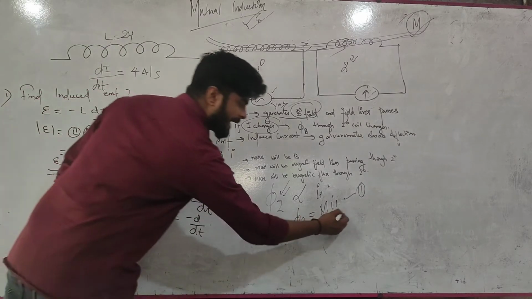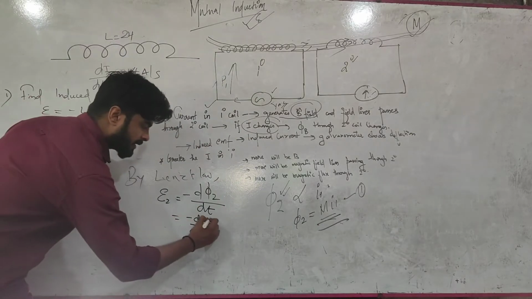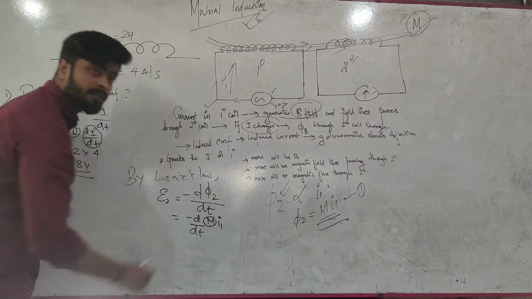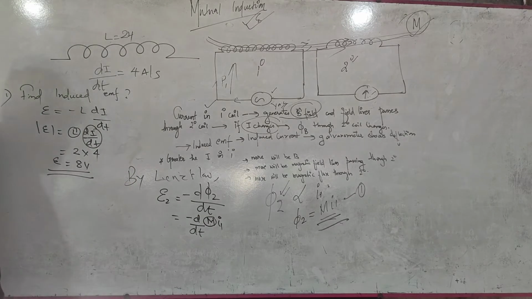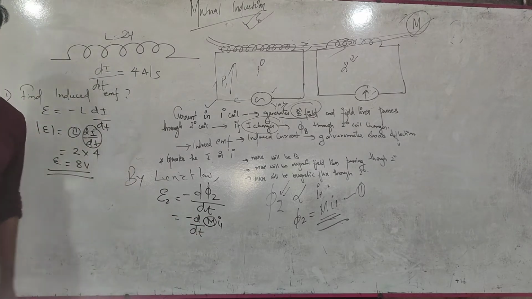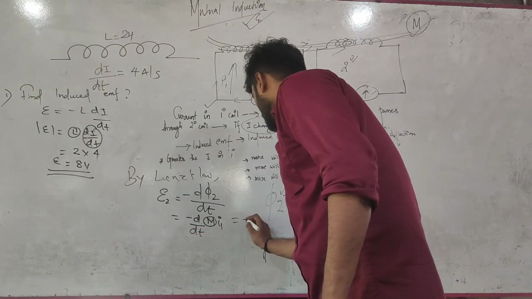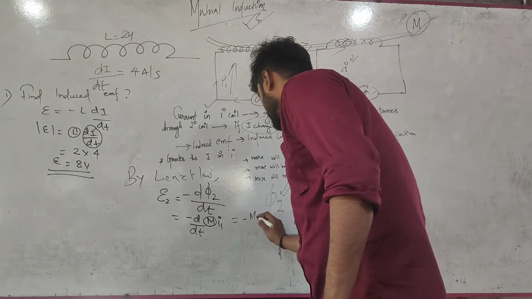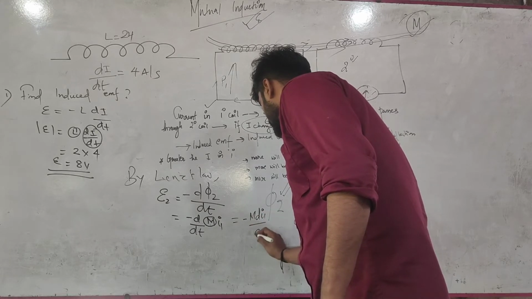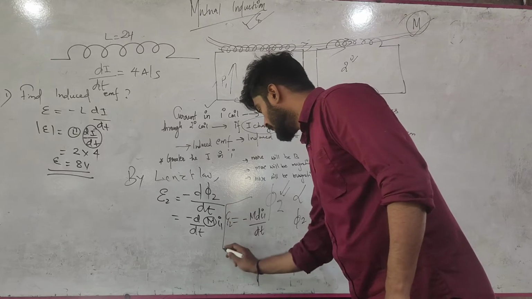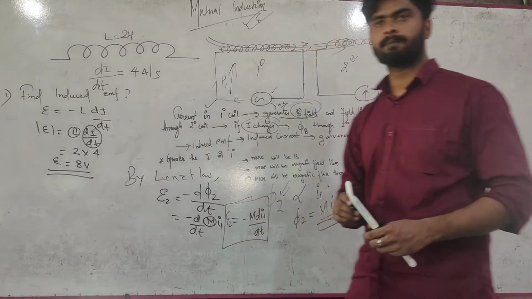Is M a constant? Yes, mutual inductance. So it can be taken out of the differential. So the equation will be minus M dI1 by dt. So this is what is E2, the EMF in the secondary coil.